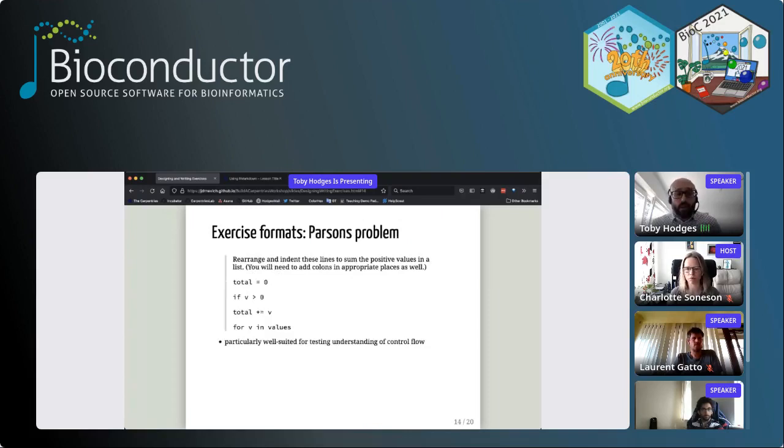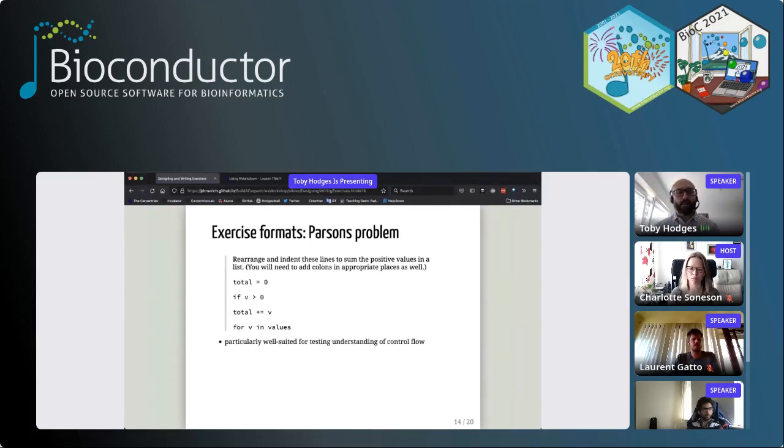And then last but not least here is the Parsons problem, which is where you give all of the lines of code that are required to achieve a particular task, but in the wrong order, perhaps without indentation. And if you want to make it particularly challenging, you can also add additional lines that are not actually needed and tell them that they might need to leave some out of their code to get it to work.